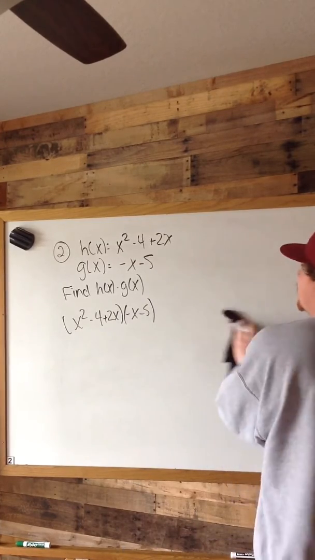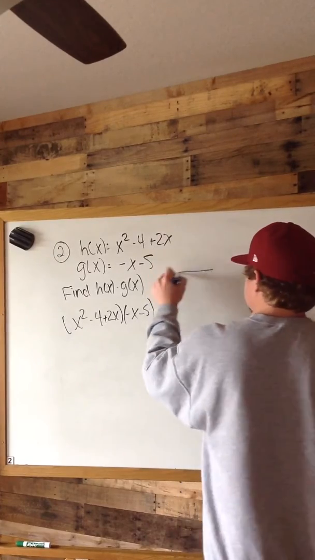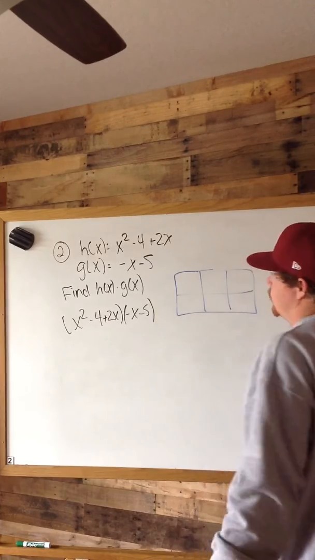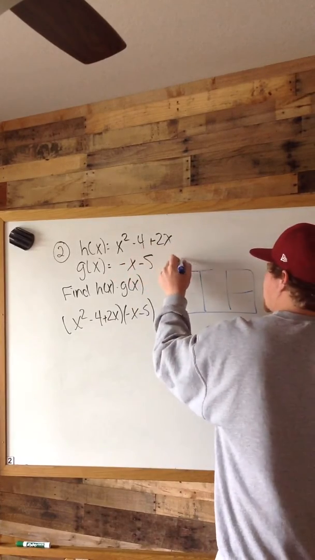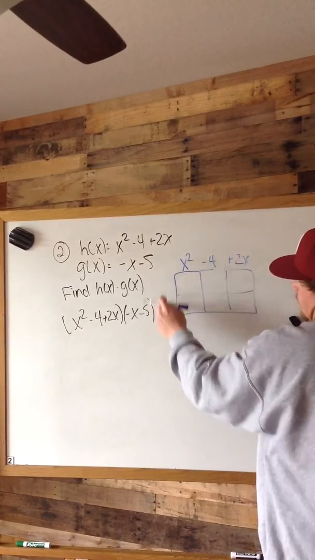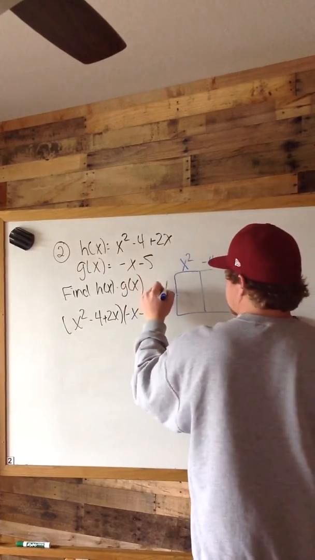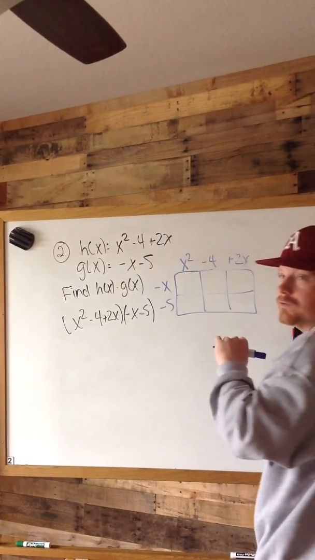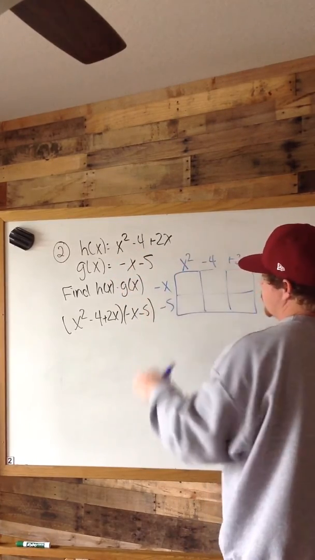But whenever we're multiplying functions, remember how we created our box chart? So we come through here, put our x squared minus 4 plus 2x, and then down on the left-hand side, we put our other equation, negative x minus 5. Remember, those signs have to stay with those numbers or variables.